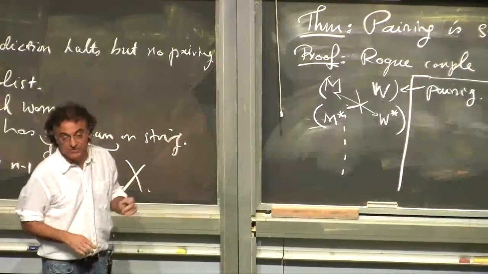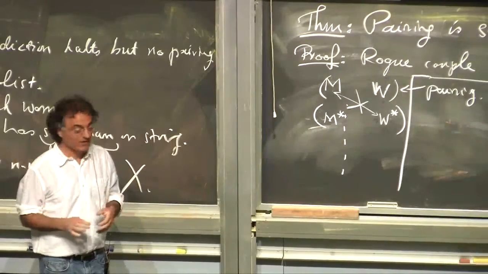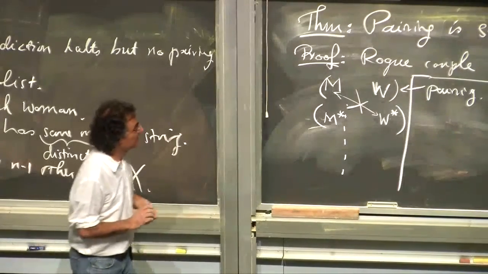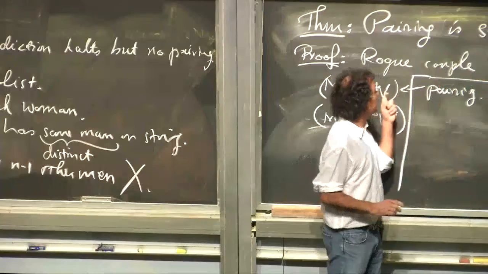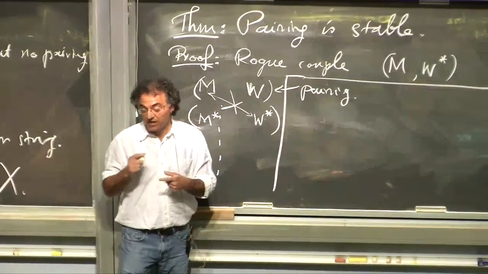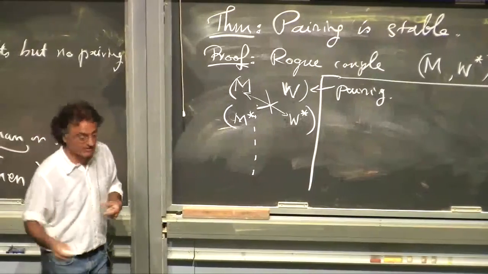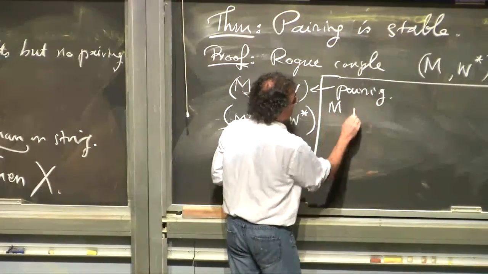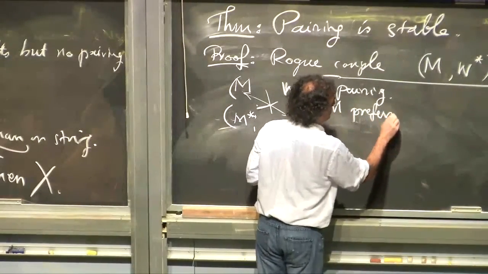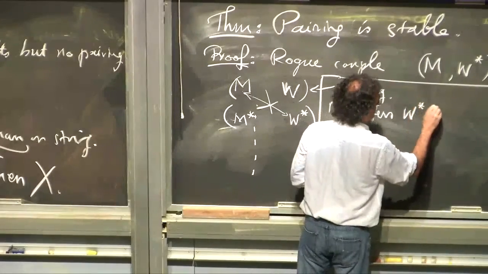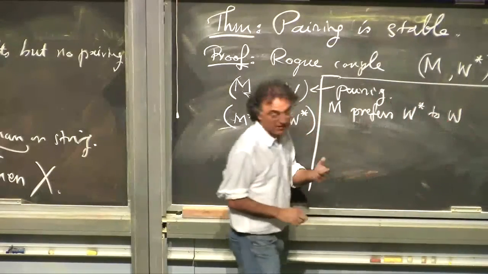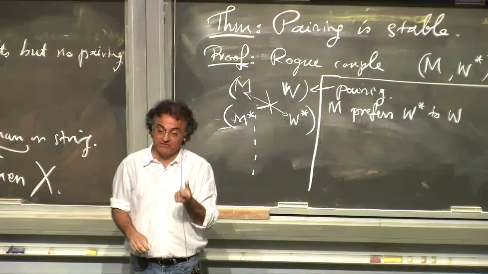There's that rogue couple. We want to show there's a contradiction. So what do we say? M obviously prefers W star to W. Therefore, M proposed to W star in the past and got rejected. Which means that before he proposes to W, he must have been rejected by W star.